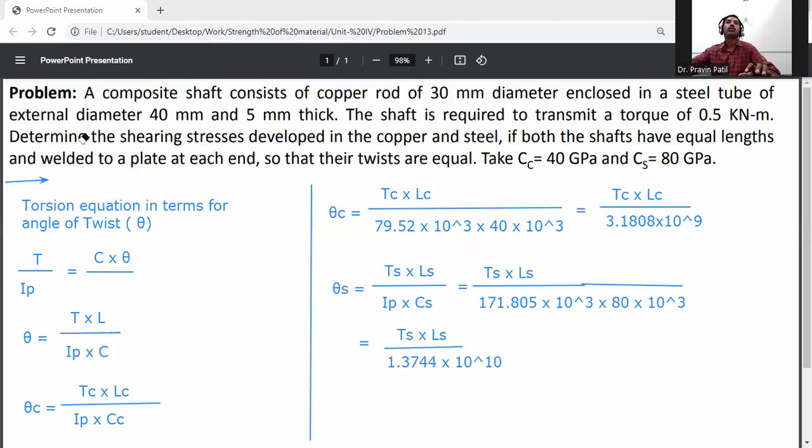In this problem it is given that both shafts have equal length and are welded to each other, so that their twist will be equal because of composite. So theta C is equal to theta S. Equate these two equations.